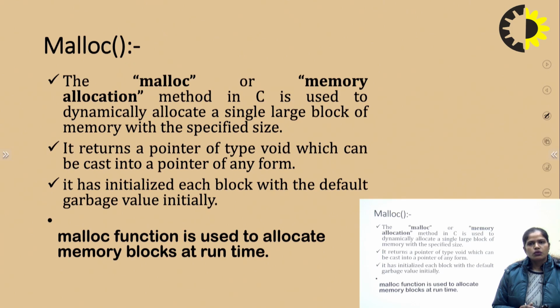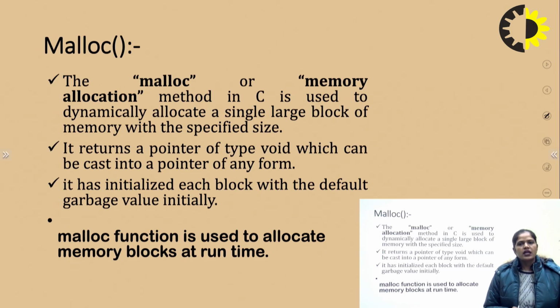And as you know, the pointer by default has the void return type. So when we implement malloc, it allocates memory space, and this memory space is assigned to a pointer, and the pointer has the void return type, right? So here we need to typecast into another return type, right?